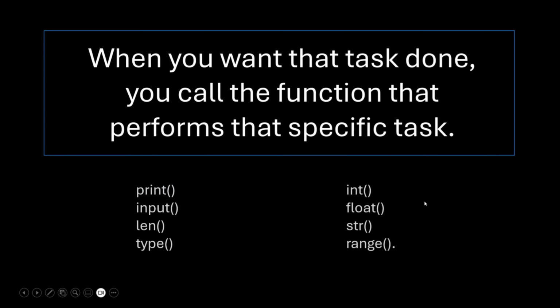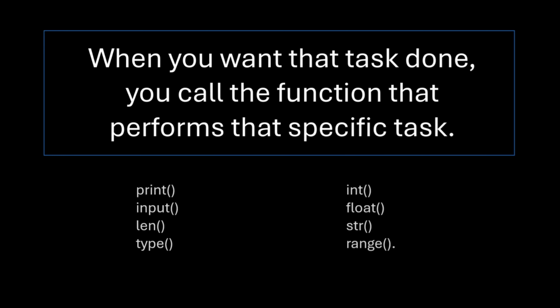And then when you want a task done, what you do is you call the function that performs that specific task. If you remember, when we started off with the Python course, one of the first things you immediately saw was the print function. I had alluded to the fact at that point that print is a function, some kind of inbuilt function within Python.